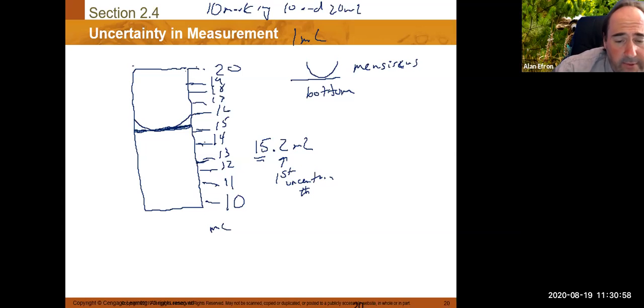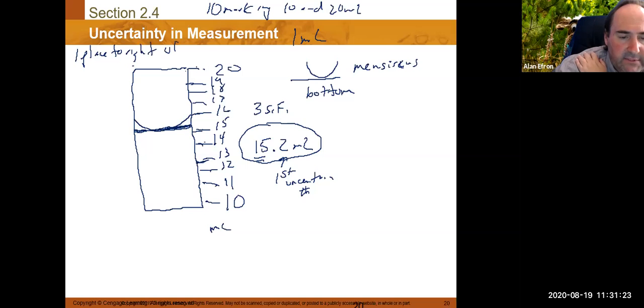This also has my two certain numbers and my first uncertain number, so three significant figures as well when we take this reading. It's really important when you look at the scale to figure out how far you could take the reading. As we will see in just a second, typically you could take the reading to one more place to the right of the smallest marking.